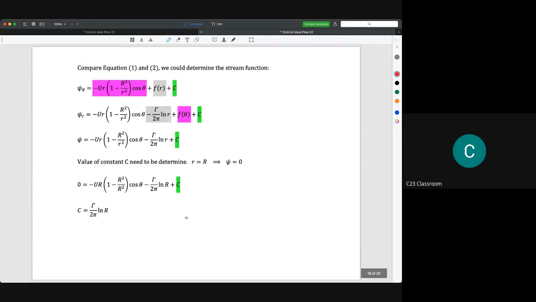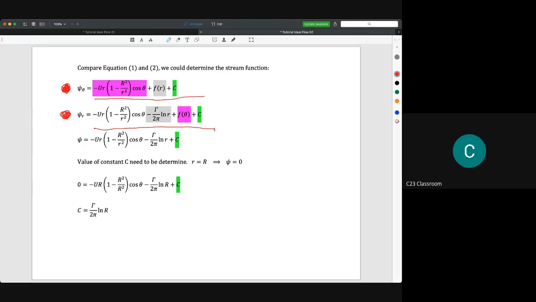Sometimes this method can be used, but I still prefer that you do the calculation to get the value of f(r). So here you need to compare the psi that you get from the theta component and the psi that you get from the r function. You have this term, and this is the term for psi that you calculated from the UR term.